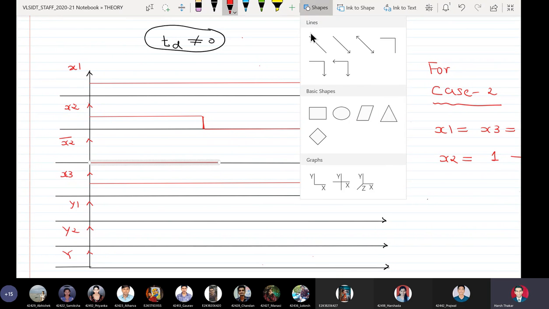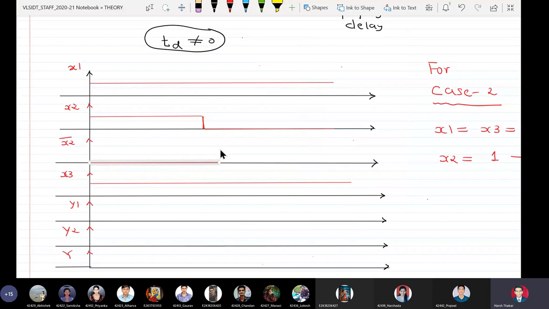And now from here it is complementing. I will denote that this is the propagation delay of the NOT gate.